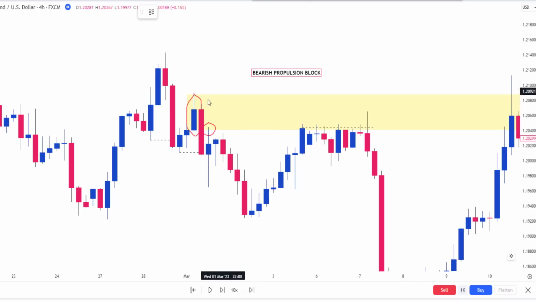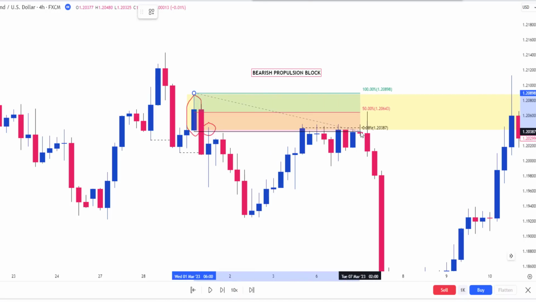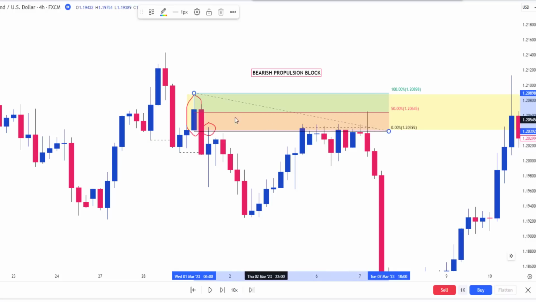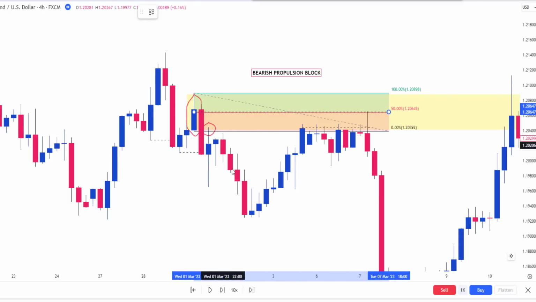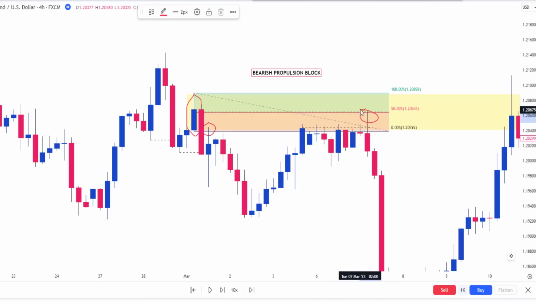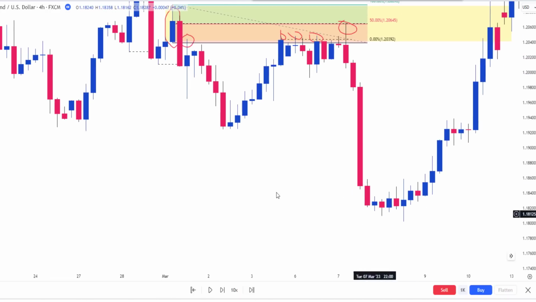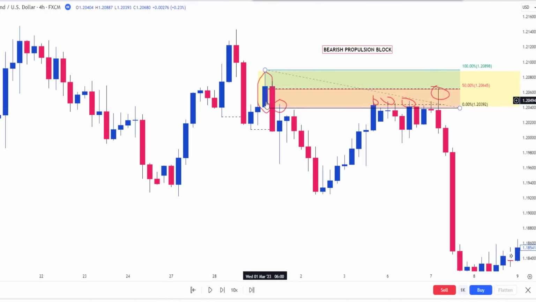The mean threshold is basically the 50% level. You can see the 50% of this particular propulsion block, this level. So as price came back to this area, you can see the reaction, relative equal highs created here, and then a sudden move away from there. So this is a propulsion block.